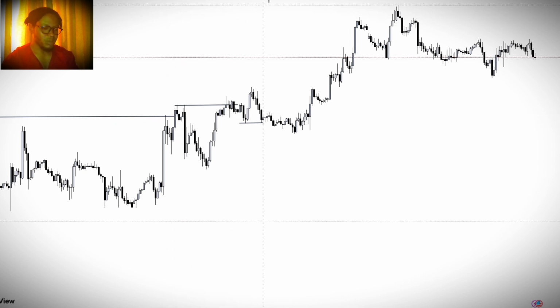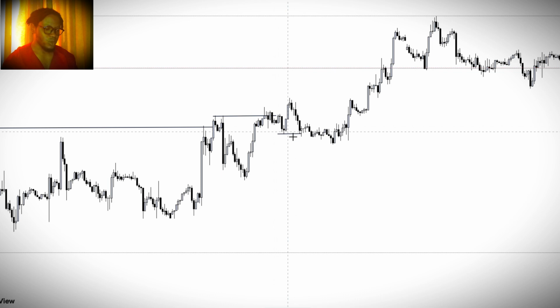I don't know if you're understanding me, but price refused to go down from this point. Price closed above. Price could still keep going down like this, doing something like this before finally going up, but price did not do that.